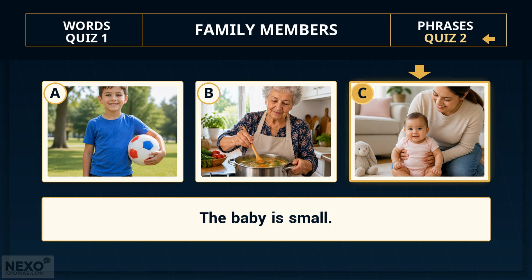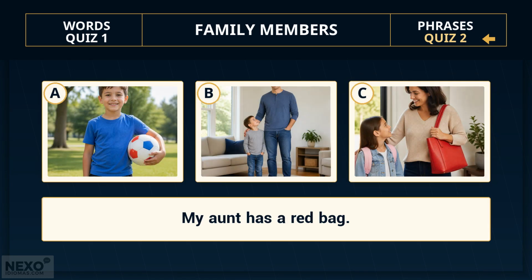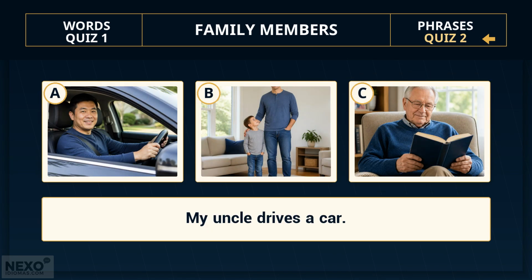C. My aunt has a red bag. C. My uncle drives a car. A.